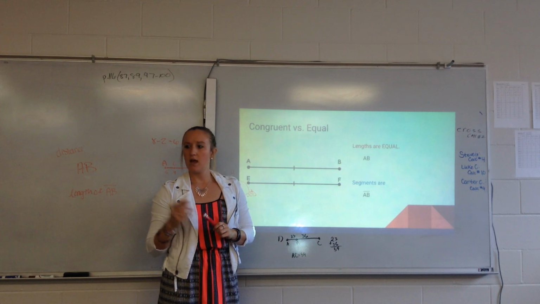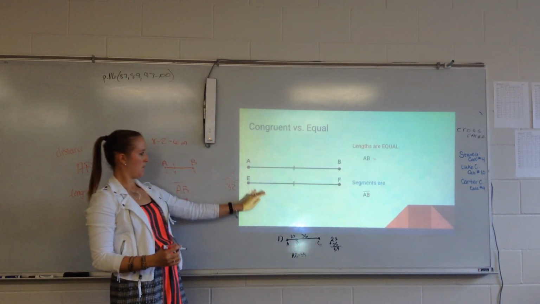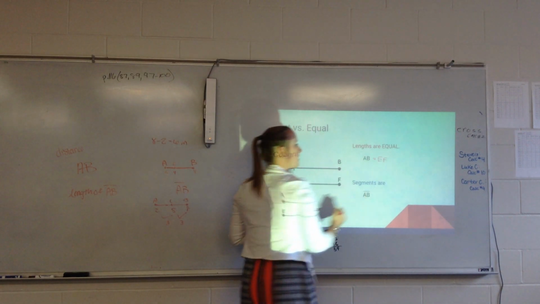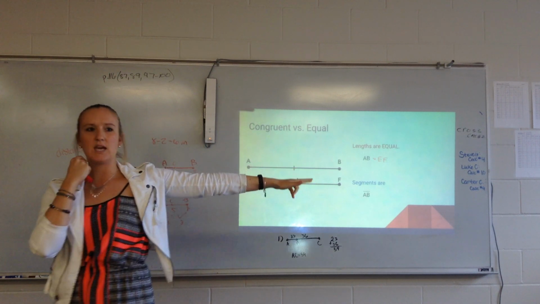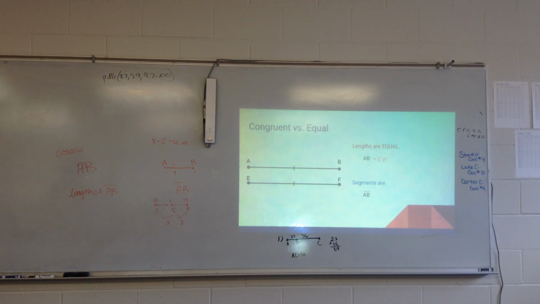AB equals EF. Can someone tell me why I'm not writing the segment symbol over these again? Because they're lengths, they're a distance, not just a figure.